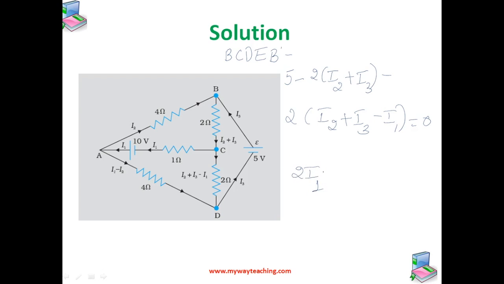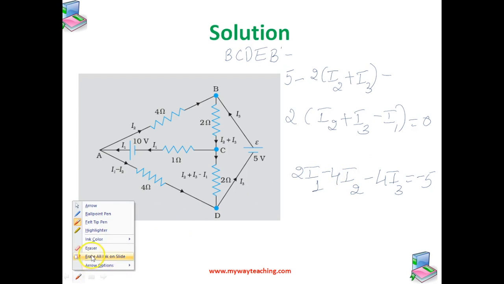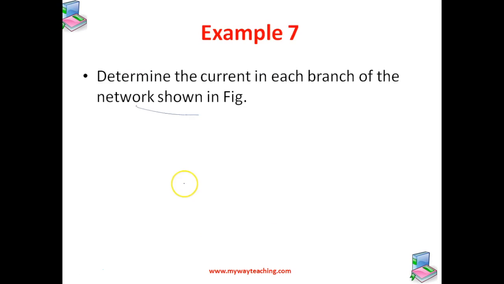That is given by 2I1 minus 4I2 minus 4I3 is equal to minus 5. So now we got 3 different equations, isn't it?